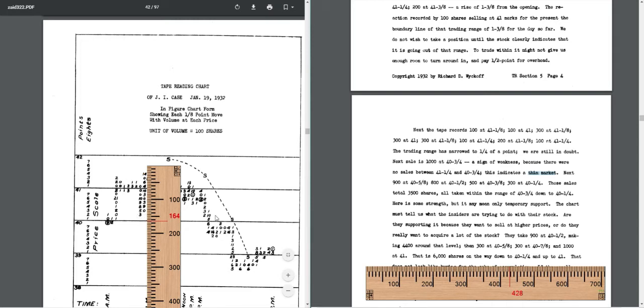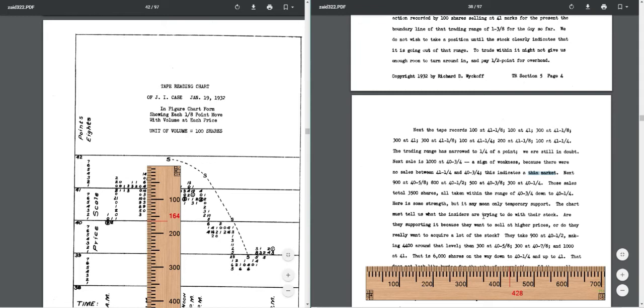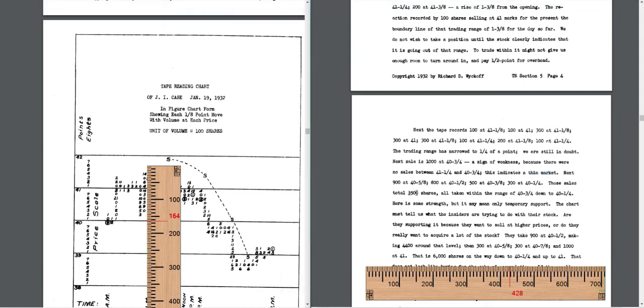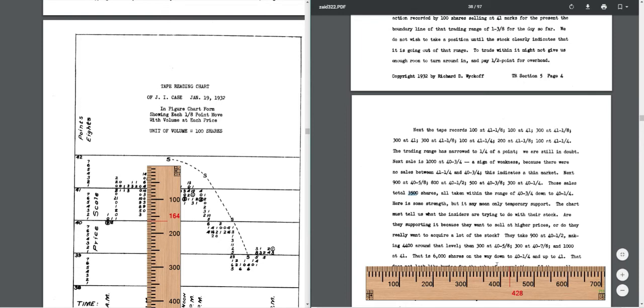On the way down, they did a lot. I think it was 3,500, and then another almost 3,000 on the way up. Right? So about 2,500 on the way up. Total is 6,000 shares on the way down and then up to 41.